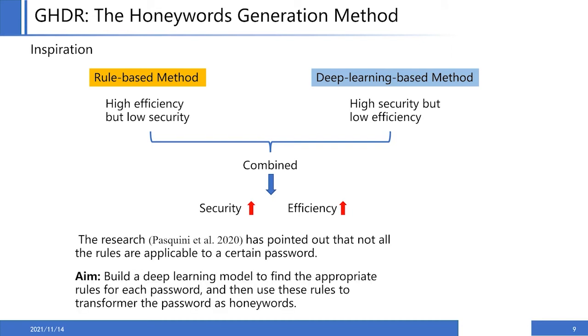So we aim to build a deep learning model to find the appropriate rules for each password, and then use these rules to transform the password and generate honeywords. This can be taken as a multi-label classification problem.